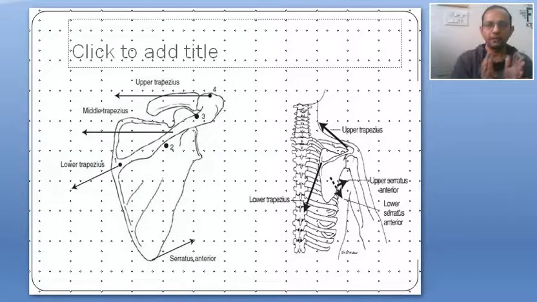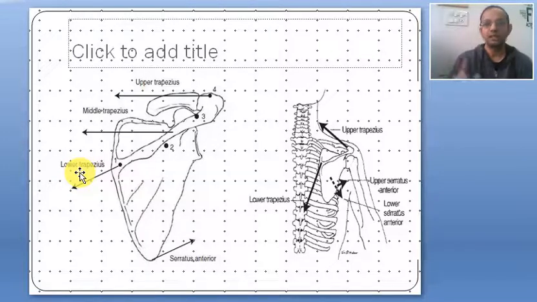So now we need to understand the trapezius muscle, since it has three bands: upper trapezius, middle trapezius and lower trapezius. Every one of the three bands has a specific function. It's not only helping in the upward rotation of the scapula, but at the same time they are doing different functions also. For example, the upper trapezius does the elevation of the shoulder, okay, and at the same time it is also helping in the upward rotation of the scapula.